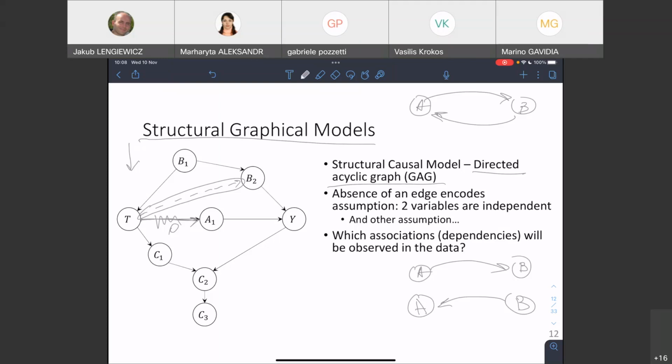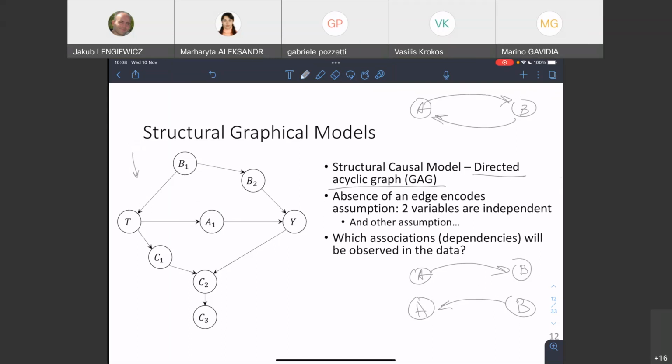So now our question will be the following. Given a graph with a known structure, what kind of associations or dependencies can be observed in the data set that is sampled from this structure, as shown here?